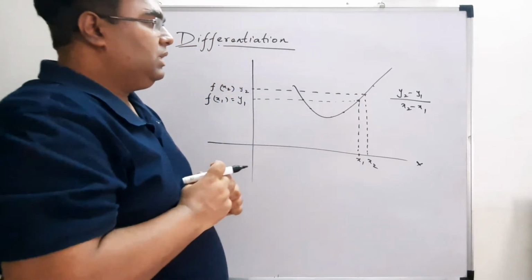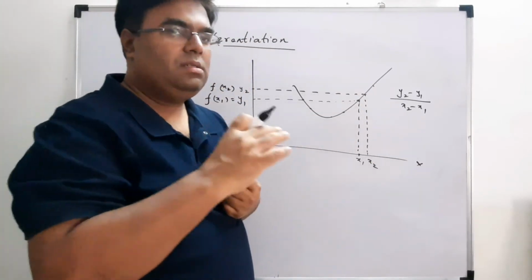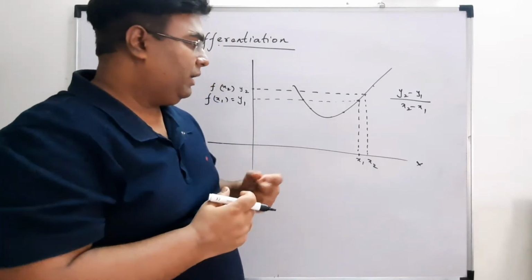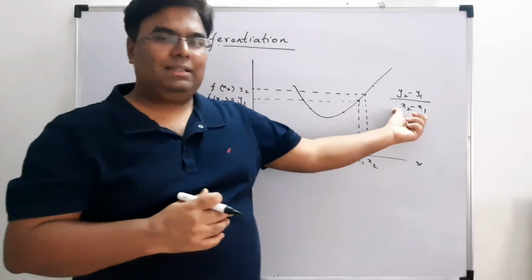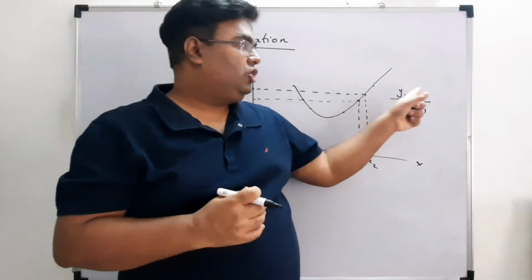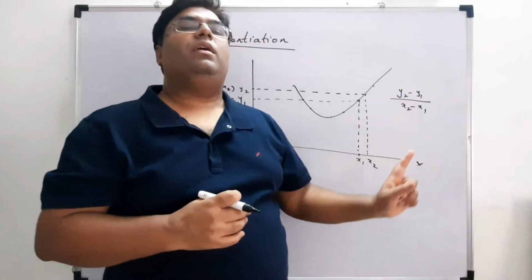So this y2 minus y1 upon x2 minus x1 is the formula for finding the change with respect to the x-axis or with respect to anything. Whatever there is in the denominator, we are trying to find out the change of the numerator part with respect to the denominator part.